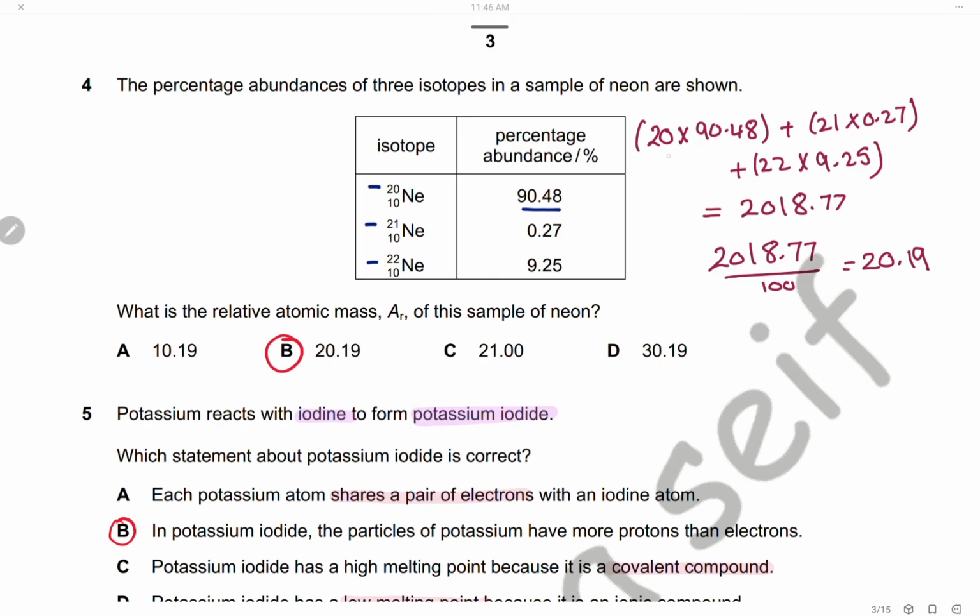So here we will multiply 20 by 90.48, plus 21 times 0.27, then again plus 22 times 9.25, and the answer will be divided by 100. So the relative atomic mass for neon is 20.19, and the answer is B.